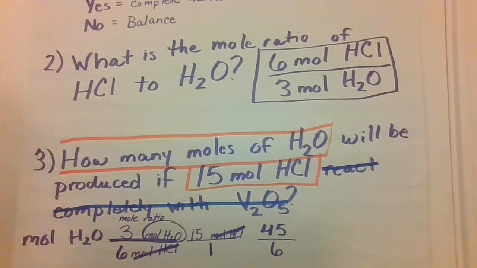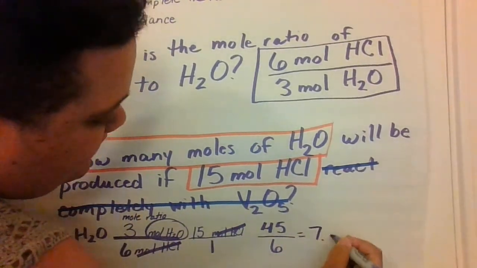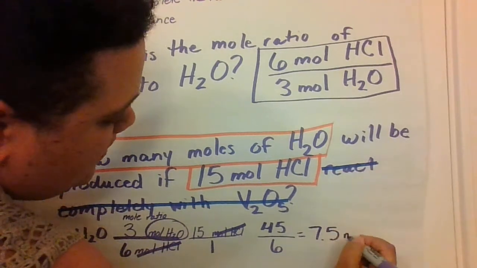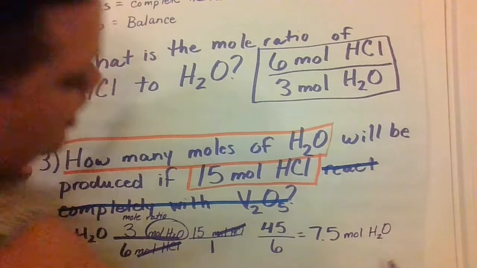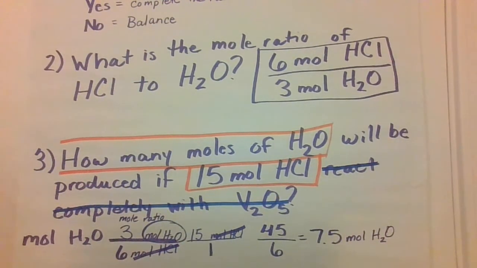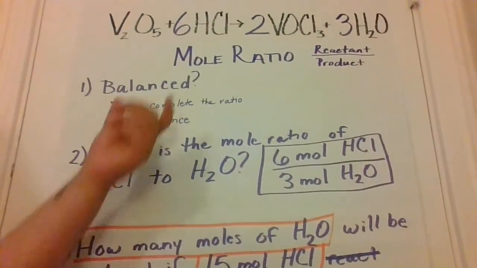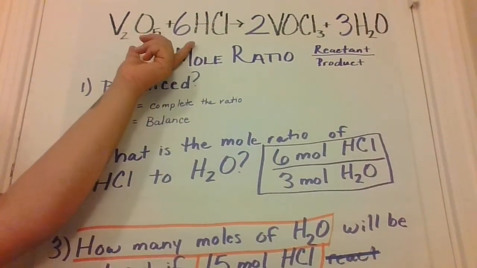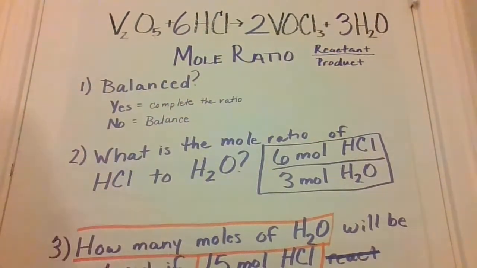And it's going to tell us that we are going to be able to produce 7.5 moles of H2O. So if you look at a chemical equation as a recipe, it takes all of these items on the reactant side to create this particular product on the right side.